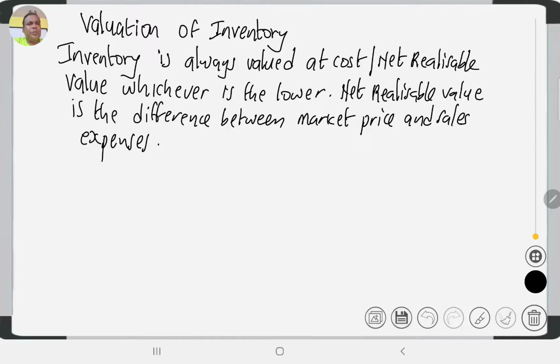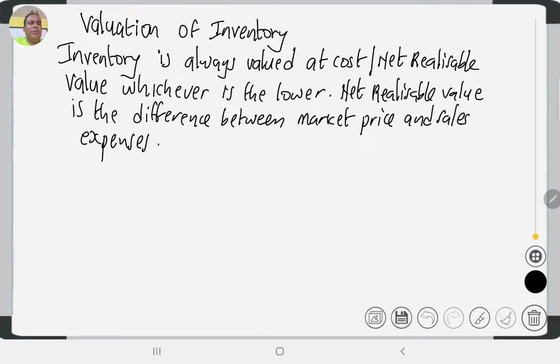So this is to be in line with the prudence concept, not to overvalue assets in the statement of financial position. So we will have to record the difference between cost and net realizable value, whichever is lower. Market price is called the selling price. At times we have to make some adjustment to market price, that is, sales expenses.